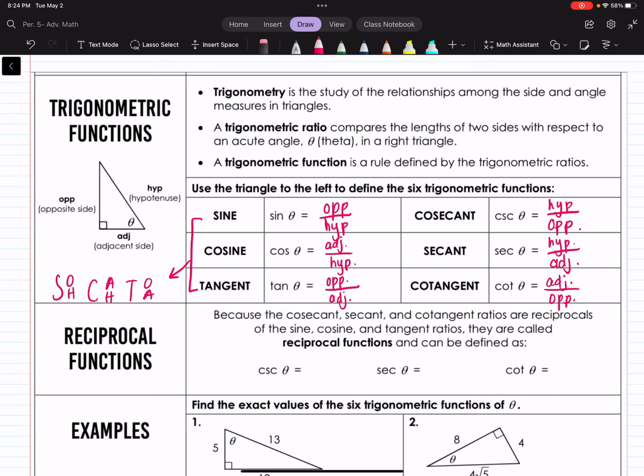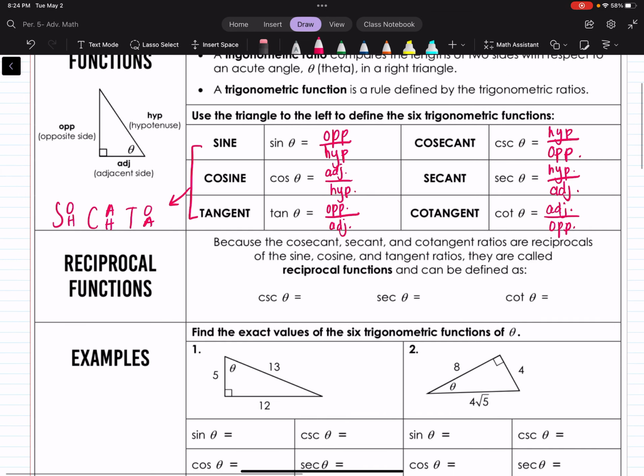And that's what brings in this idea of reciprocal functions. So it says, because the cosecant, the secant, and the cotangent ratios are reciprocals of the sine, cosine, and tangent functions, they are what we call reciprocal functions and can be defined as this. So the cosecant of theta is equivalent to 1 over the sine of theta.